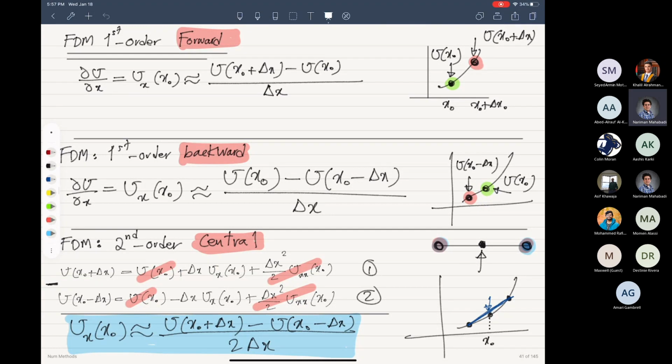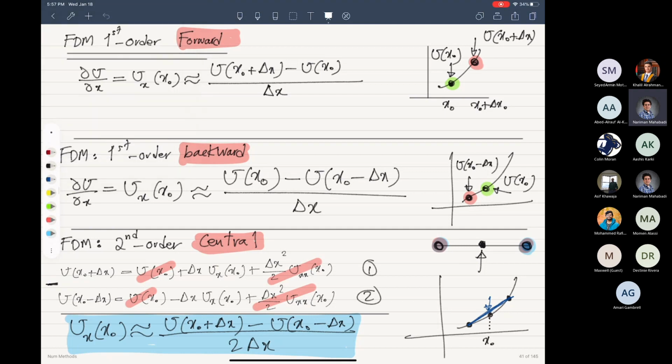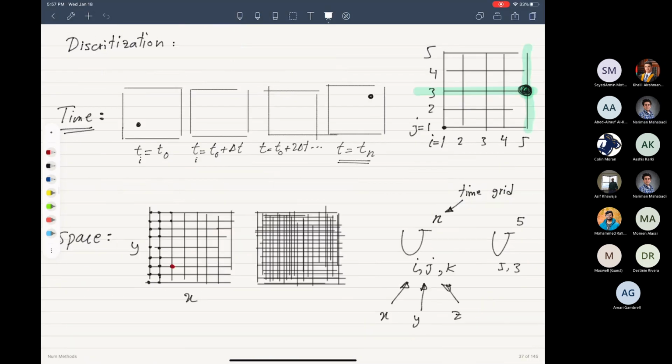Any questions so far? Okay, now let's write all these three equations of forward, backward, and central in a discretized form. And what is a discretized form? This is a discretized form. We already talked about this.